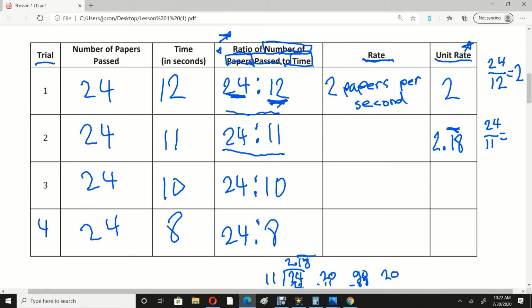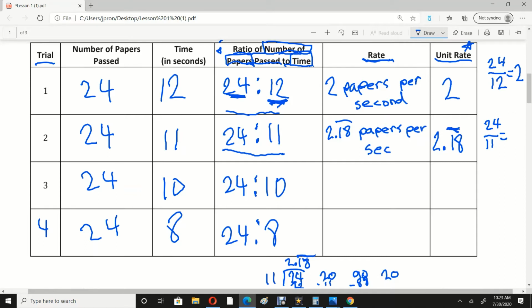That's our unit rate. So that is to say that our rate is 2.18 repeating papers per second.